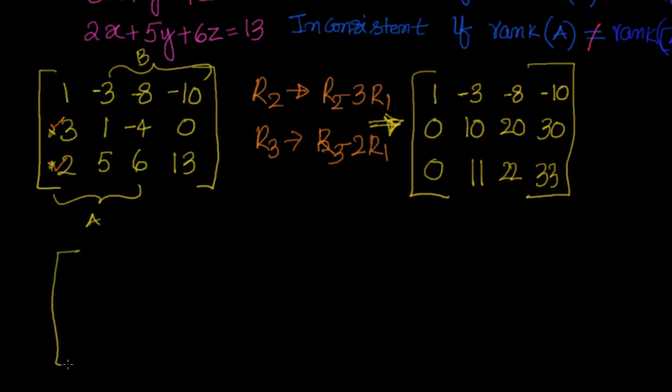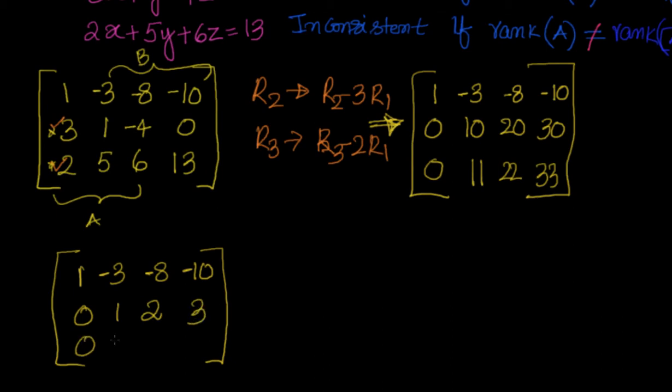What I will have is simply 1, minus 3, minus 8, minus 10, then 0, 1, 2, 3, and 0, 1, 2, 3.